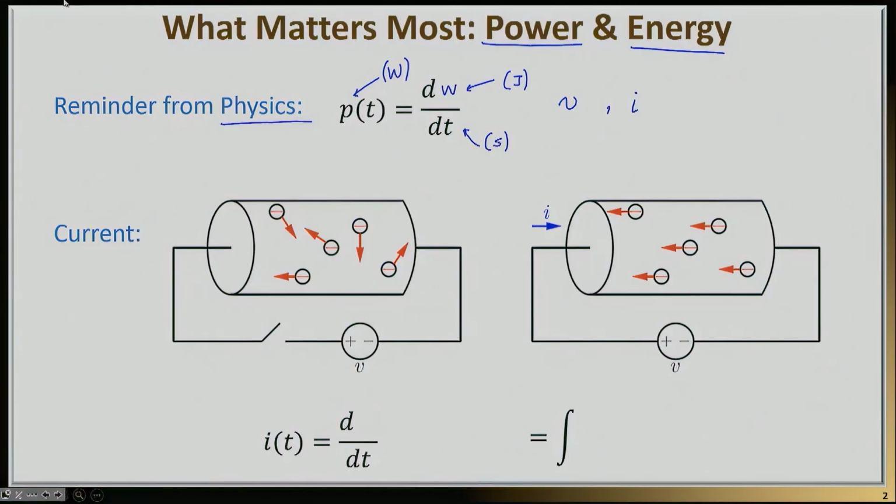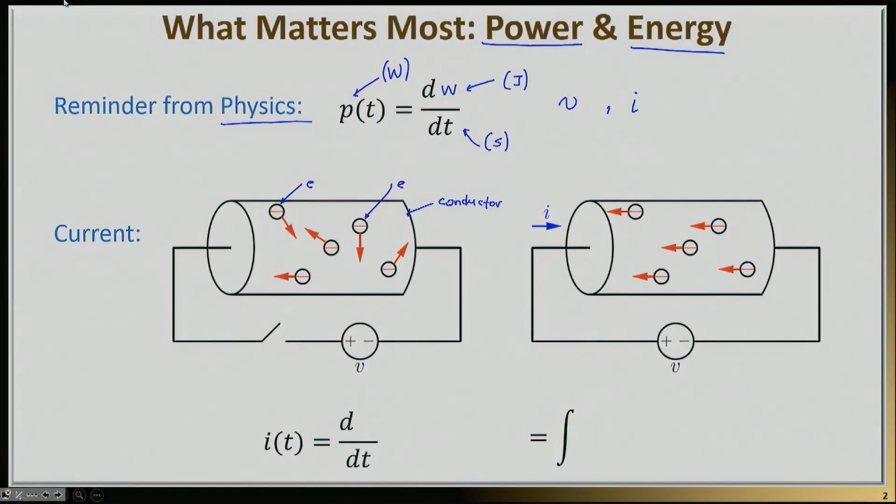I would like you to take a quick look at what happens inside the conductor. Picture a piece of copper or a piece of aluminum, which you can find in most circuits today. If you were able to take a magnifying lens, you would find that inside you have some free electrons, meaning electrons that have the ability to move.